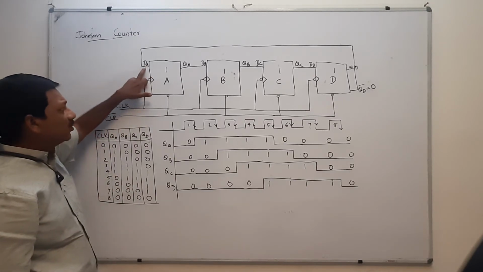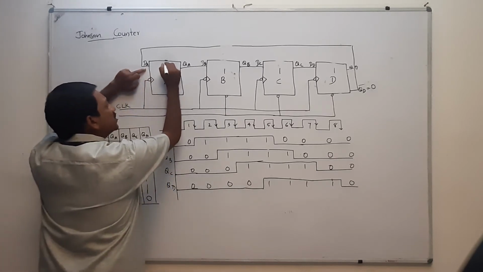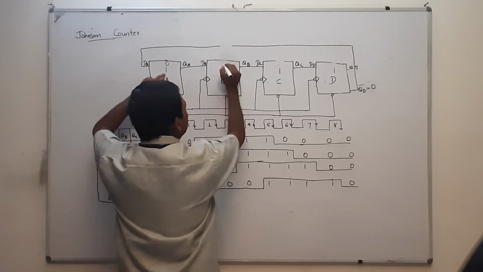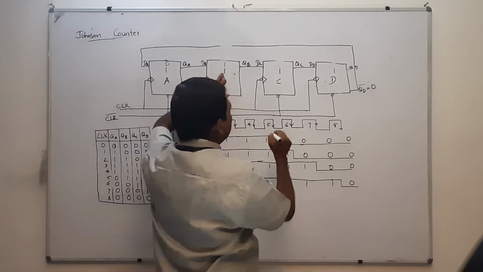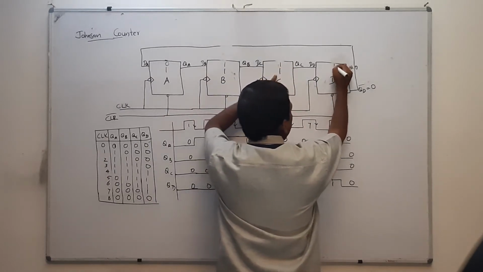As DA is equal to 0, this becomes 0. This 1 is copied here. This one is copied here. This one is copied here.